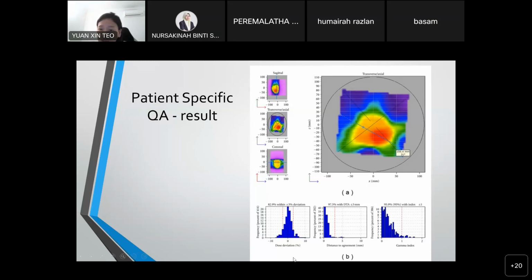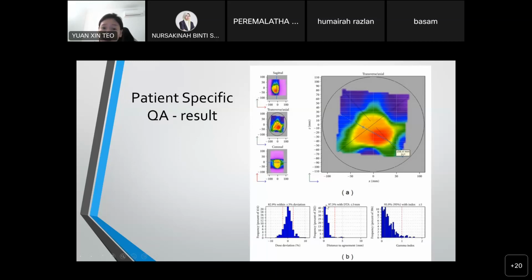So this is the result you will get. You see, gamma index, just now I said 3%, is 95.9% for this plan, and 97.5% with DTA less than 3 mm. DTA means distance to agreement.